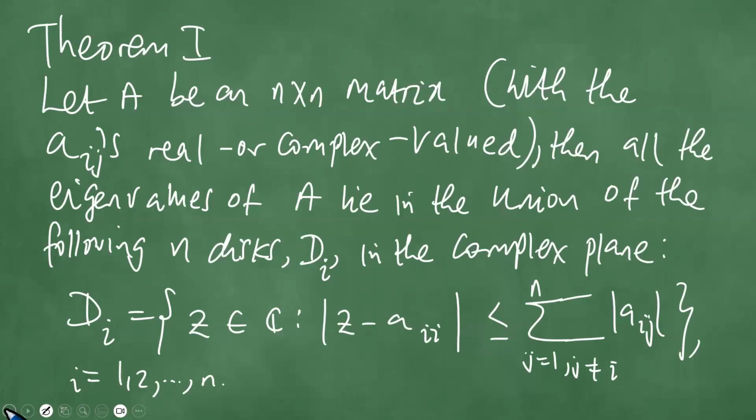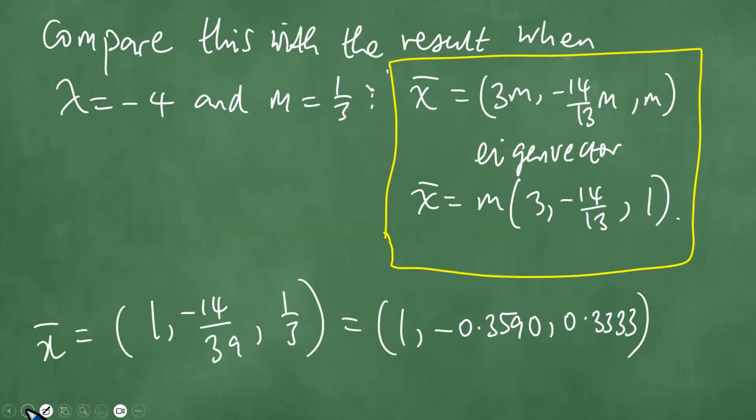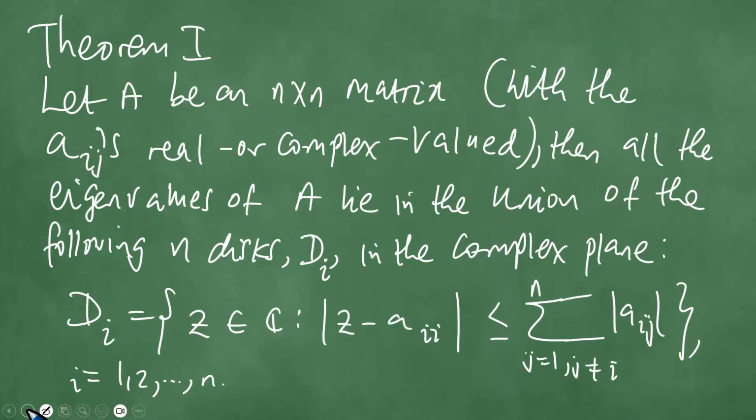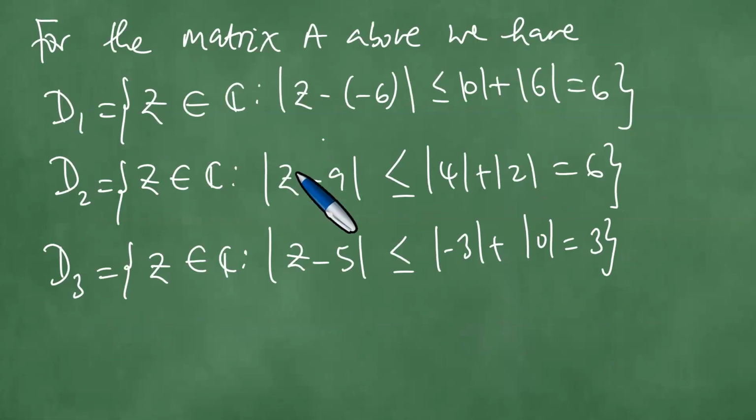So in view of this, the Gerschgorin circles would have z minus 6, z minus 9, and z minus 5, because these are the entries in the main diagonal.